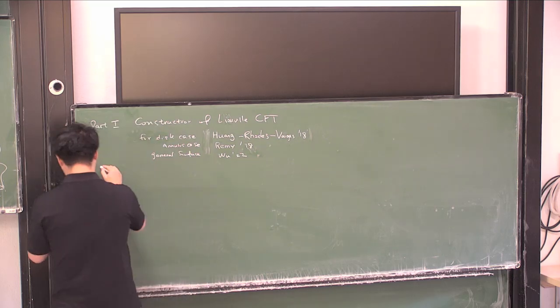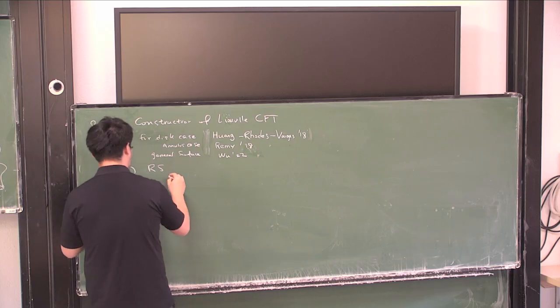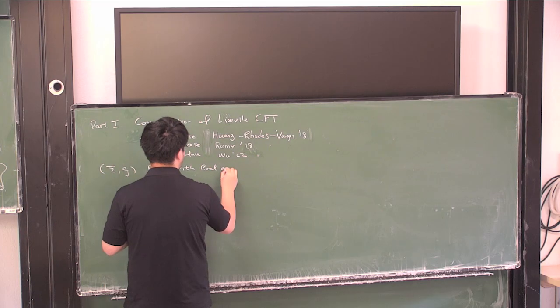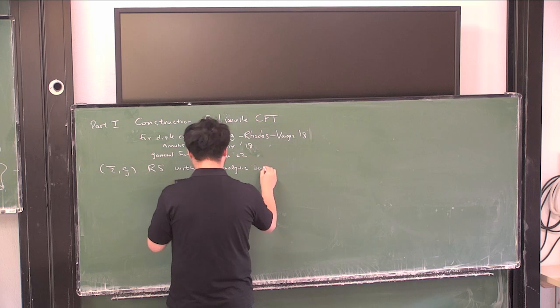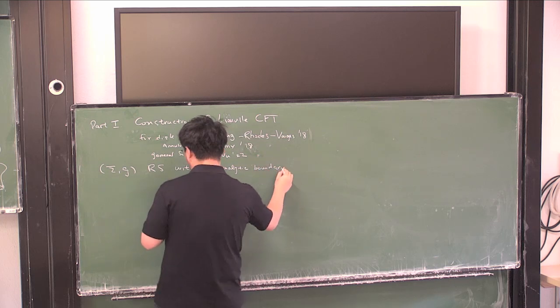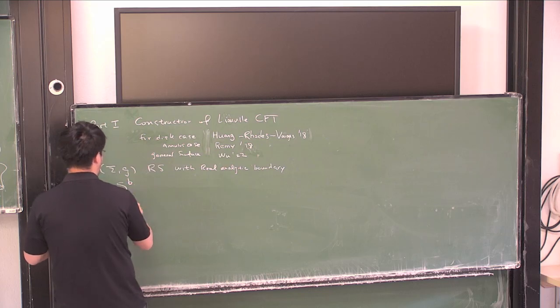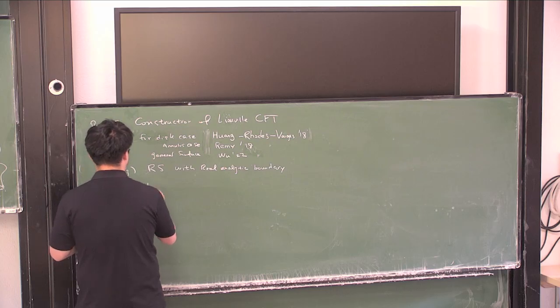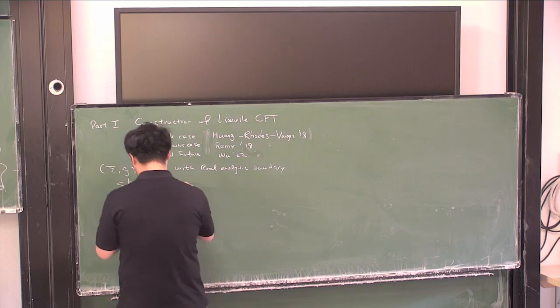Here I fix Sigma_g as a Riemann surface with real analytic boundary. Recall the Liouville action. I put a B here, meaning the boundary version of the Liouville action, given by phi, g. g is the metric, phi the field.